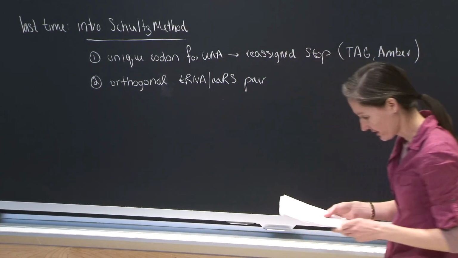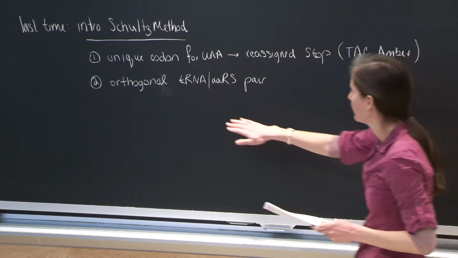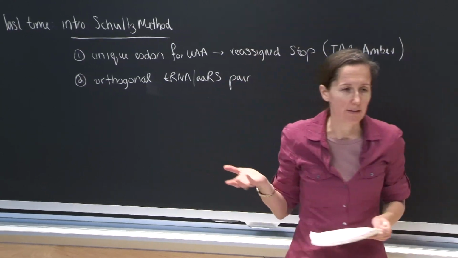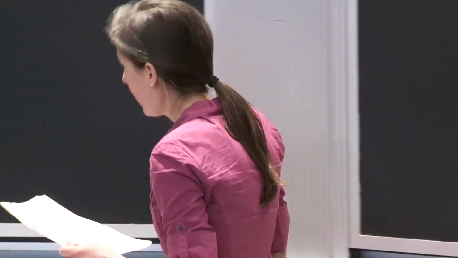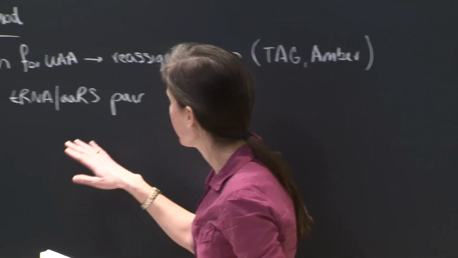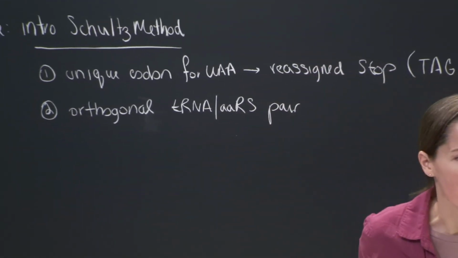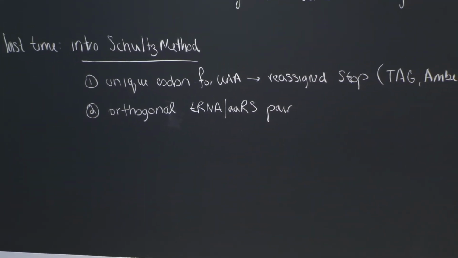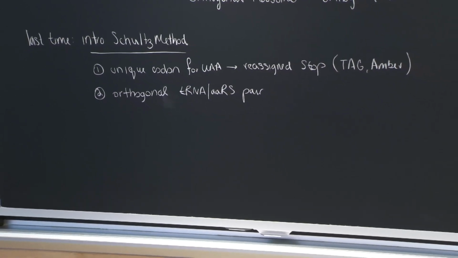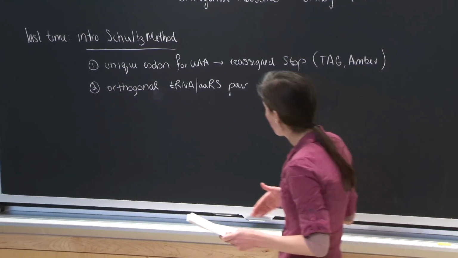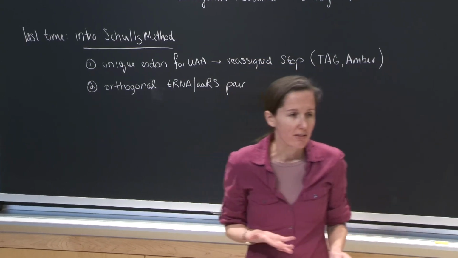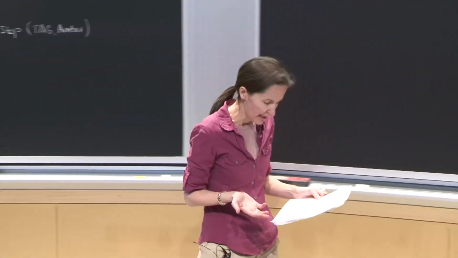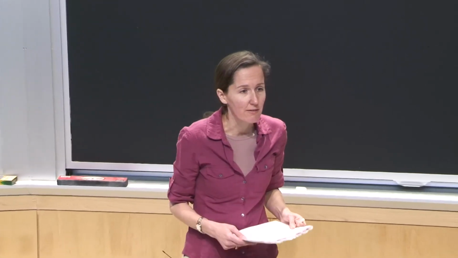Okay, so the question is, where does this come from? Where do we get a tRNA and an AARS that can be used for this unnatural amino acid of interest? One way to think about this in terms of a search is to think about different tRNAs and AARS from different organisms. What's found if tRNAs are compared between bacteria, eukaryotes, and archaea is that there's evolutionary divergence.